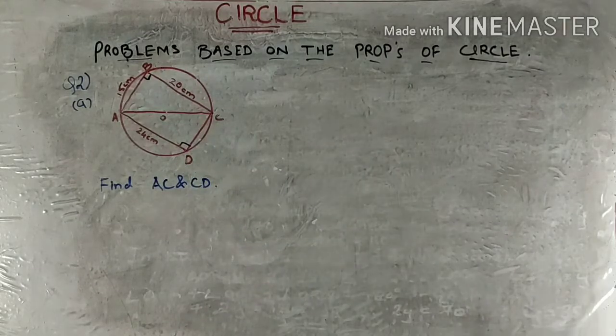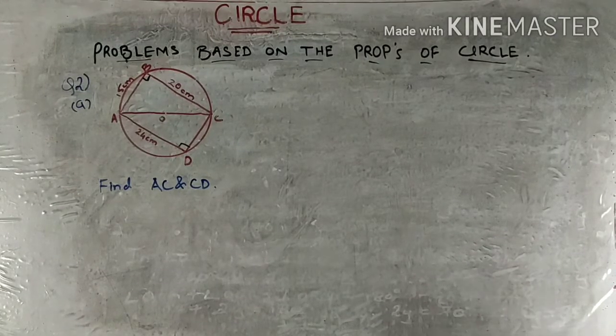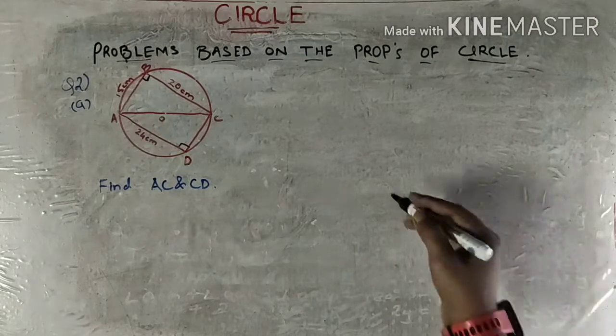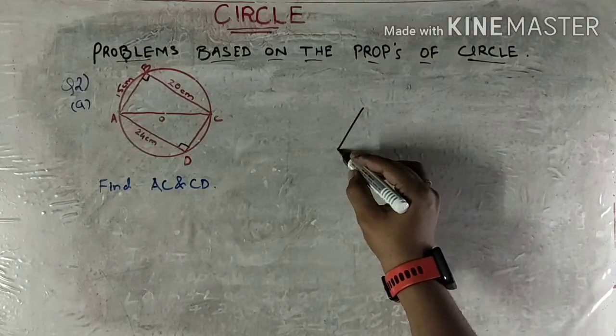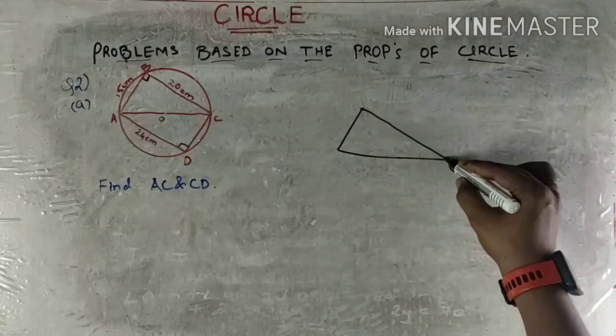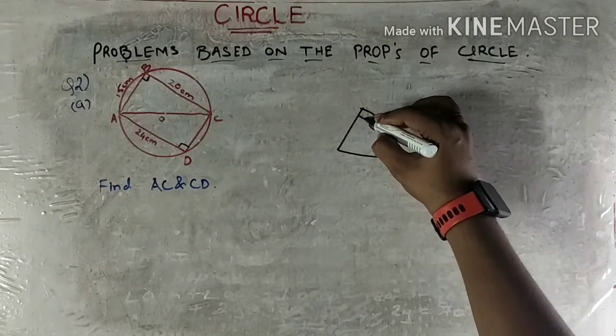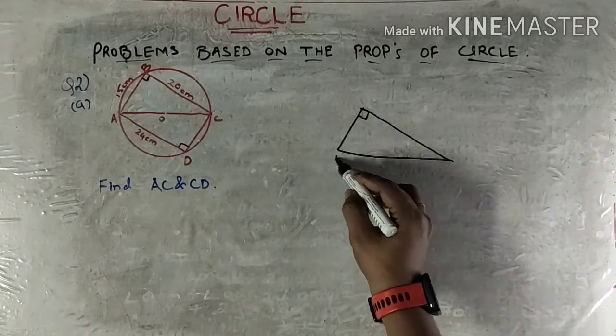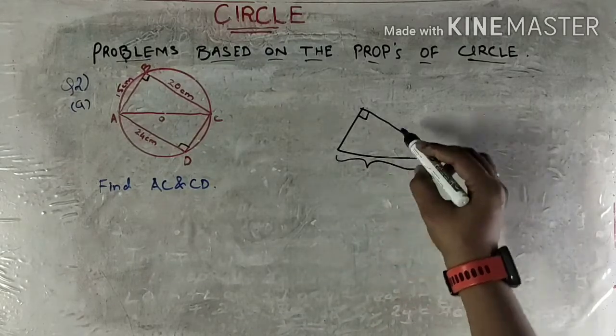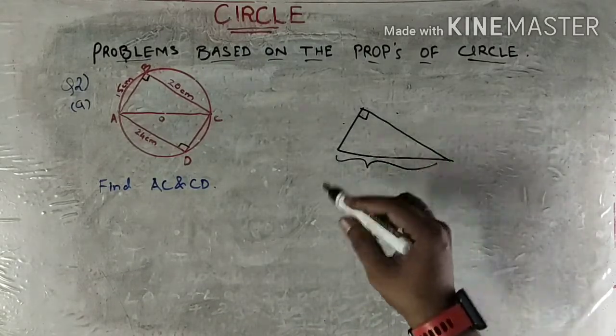If you remember the Pythagoras theorem, it deals with triangles having 90 degrees or right angles. If you can quickly recollect what the Pythagoras theorem states, you may do so. Pythagoras theorem states that if there is a triangle having a right angle over here, this side is called the hypotenuse, and these are the other two sides forming the right angle.